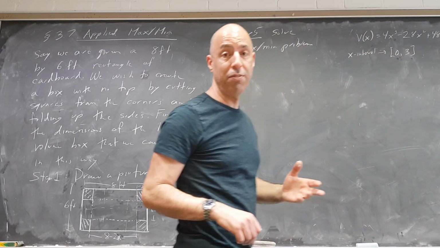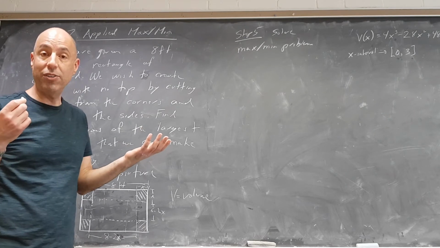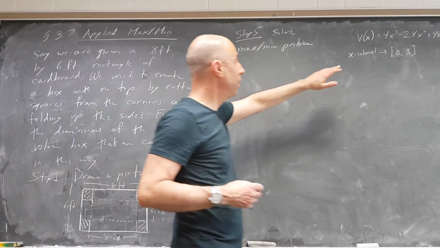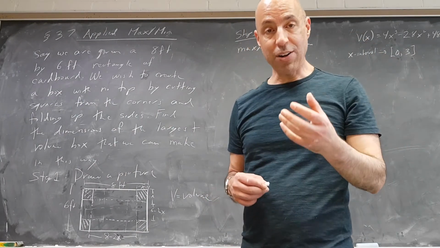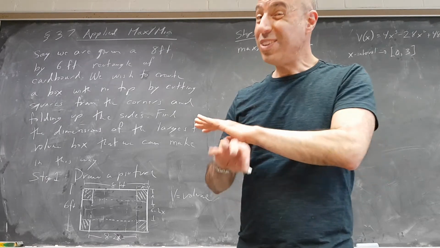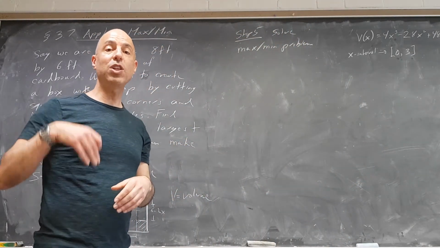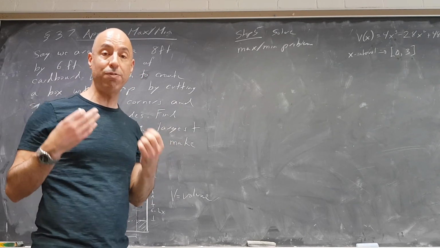We want to solve the max-min problem, solve the optimization problem, if you want to say. So let's go ahead and do that. We know what to do. We're going to take the derivative. We're going to set it equal to 0 to find all the critical points. We'll discard the ones that are not in the interval. Then we'll plug the remaining critical points plus both endpoints into the original function.